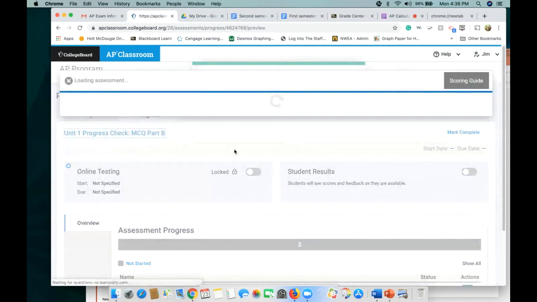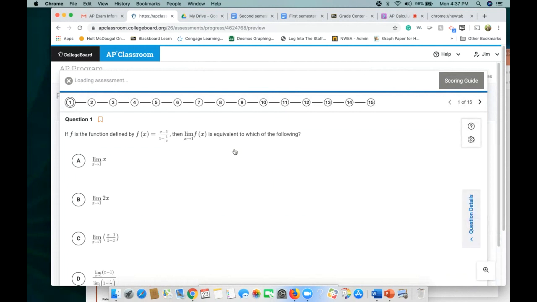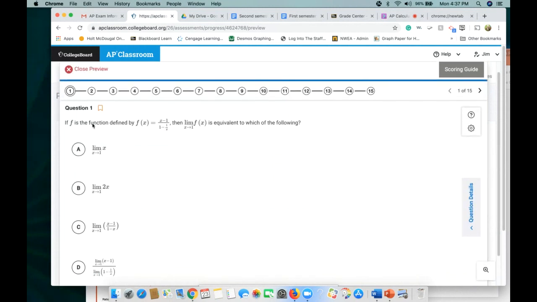If I click on that, they have some problems to get you ready for the AP test. For example, here it says if f is a function defined by f of x equals x minus 1 over 1 minus 1 over x, the limit as x approaches 1 is equivalent to which of the following? Oh boy, if you put 1 in here, you get 0 here. Put 1 in here, you get 0 here. Oh boy, how do I solve that thing?